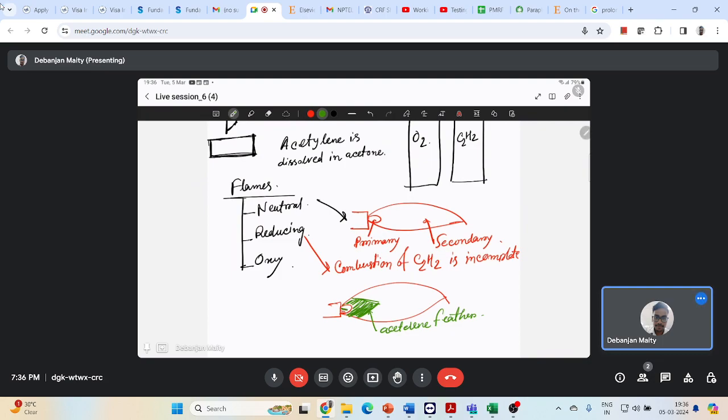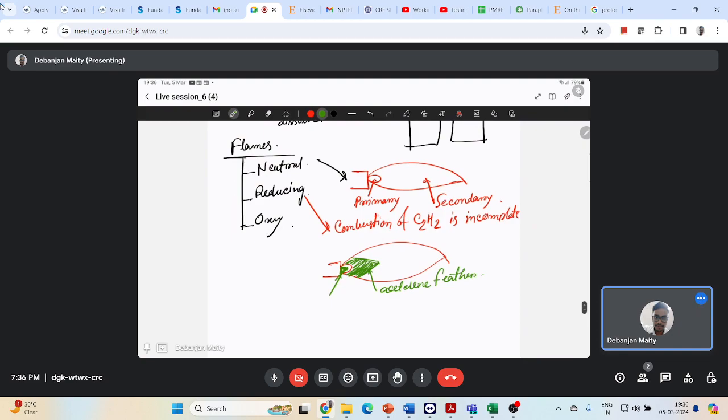This inner core will be very bright and luminous when you are generating this oxidizing flame. So it will be bright, white, luminous, right?